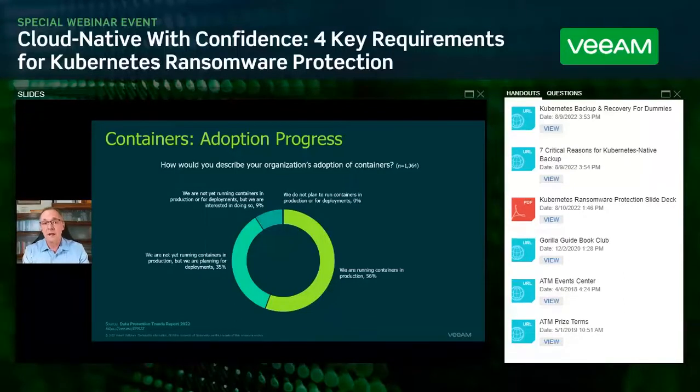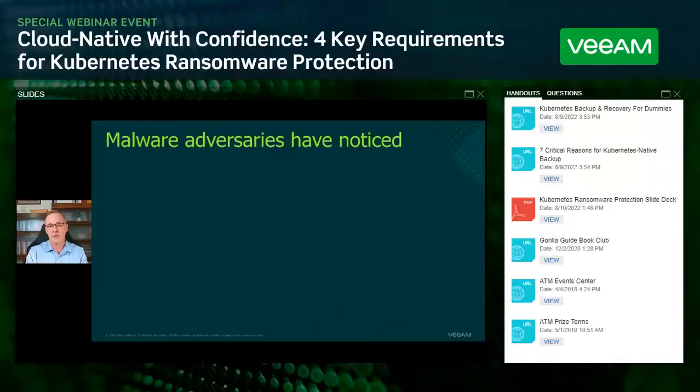Of course, today's conversation is about ransomware, and so it's worth pointing out that ransomware adversaries have noticed this trend. Gartner has predicted that by 2024, 70% of organizations, so that's again about 15% up from where we are right now according to Veeam research, will have containers running in production in their environments. That is a number that ransomware adversaries and that malware adversaries pay very close attention to.